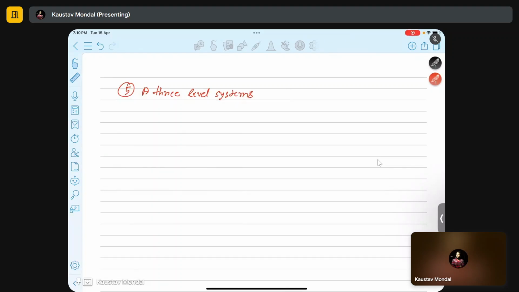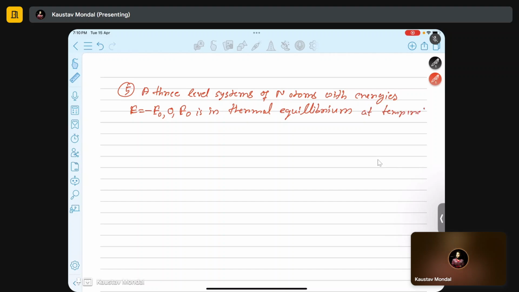Systems of atoms with energies equal to minus E0, 0, E0 is in thermal equilibrium at temperature T. Let beta equal to (k_B T) inverse.